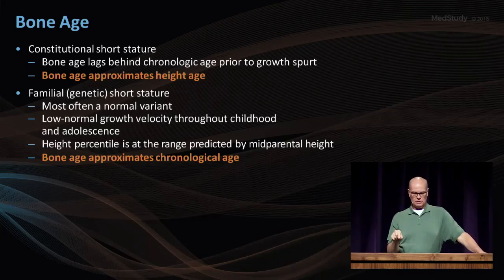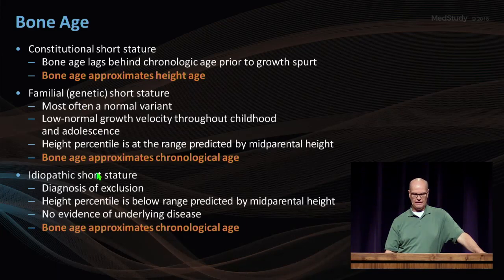If chronological age and bone age approximate one another, that means you're short because you either are genetically programmed to be short or because you have idiopathic short stature.